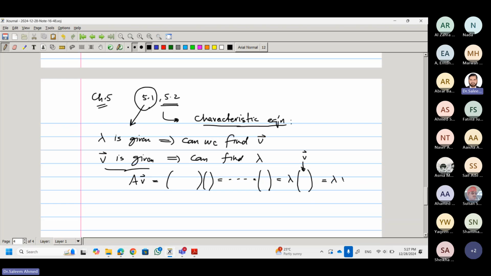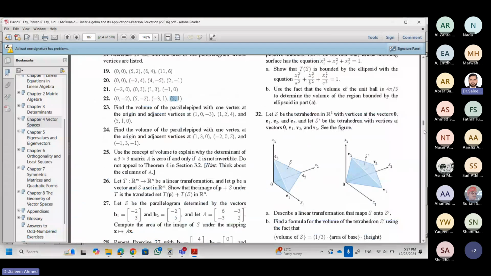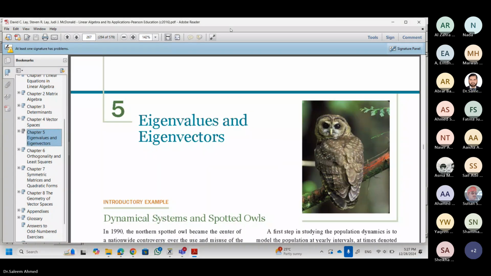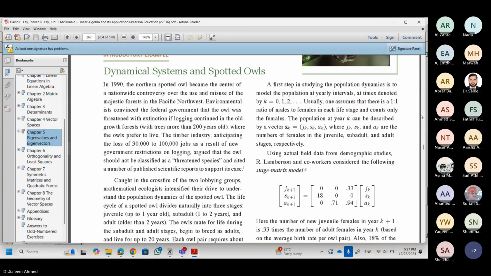So if you started from v and got your v back, but along with a number lambda, that number lambda becomes the eigenvalue, and it shows that v is an eigenvector. So if your v does not come back, then it is not an eigenvector.